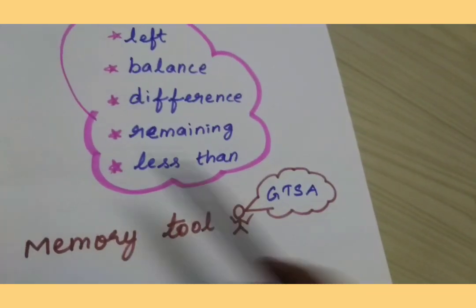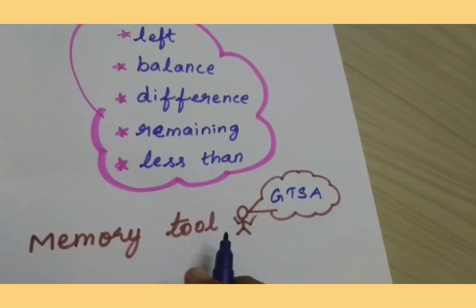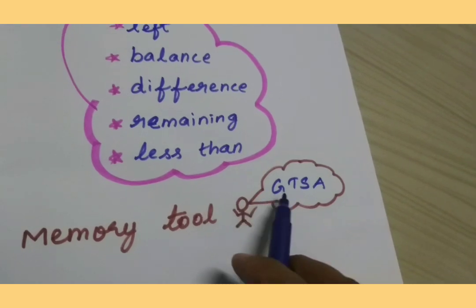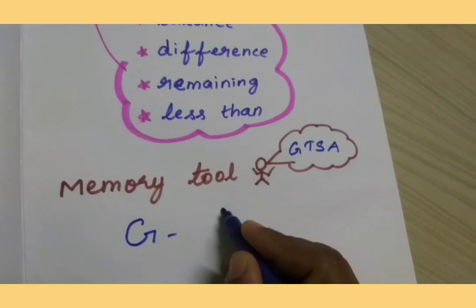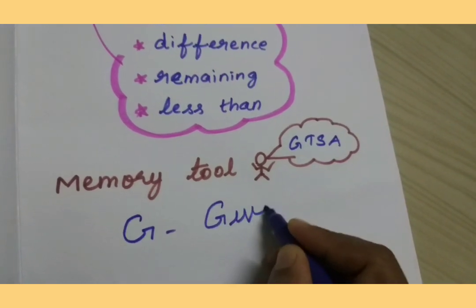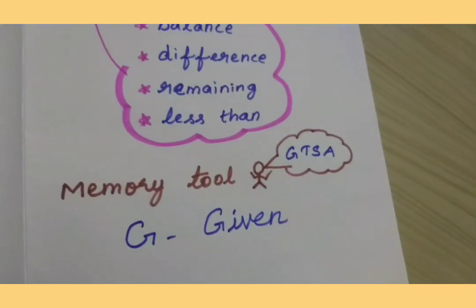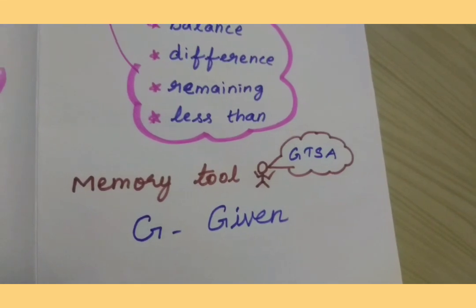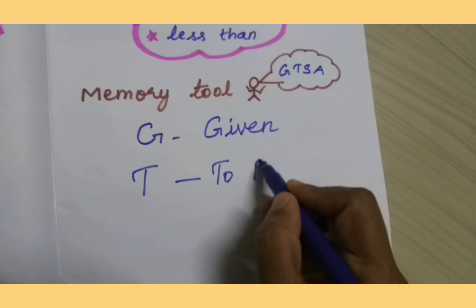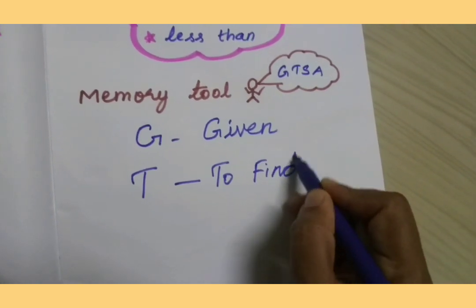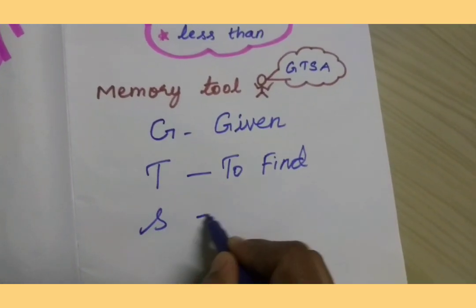Already we studied the memory tool, isn't it? What is the memory tool? GTSA. G means given. Already you studied this on the addition statements. T is to find. S means solution.